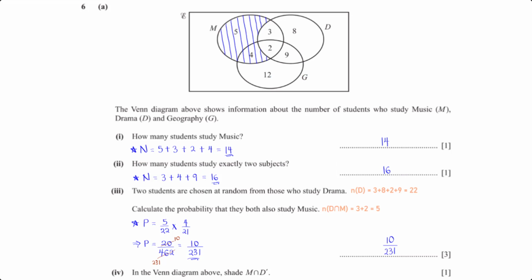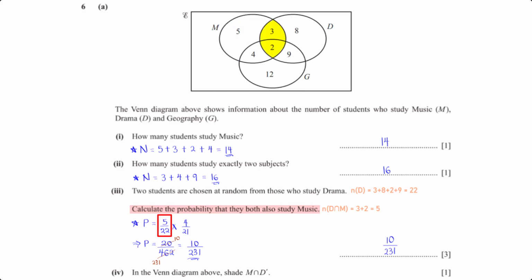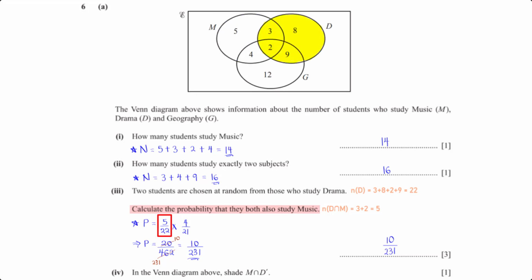2 students are chosen at random from those who study drama. Calculate the probability that they both also study music. The probability that the first student picked from the drama group also studies music is equal to the number of students who study drama and music, which is 5, divided by the number of students who study drama, which is 22.